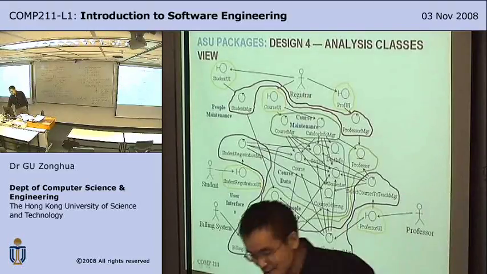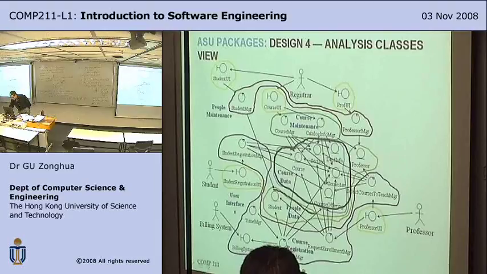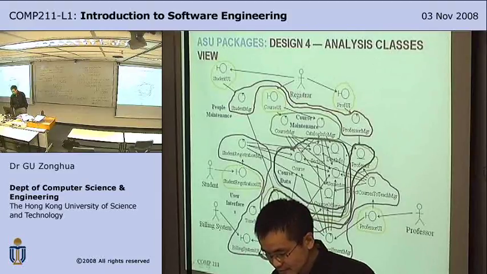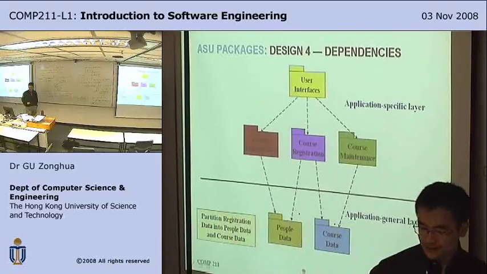Now we divide them into course data and people data. That is the professor and student. So now instead of a single data package, we have people data and course data.